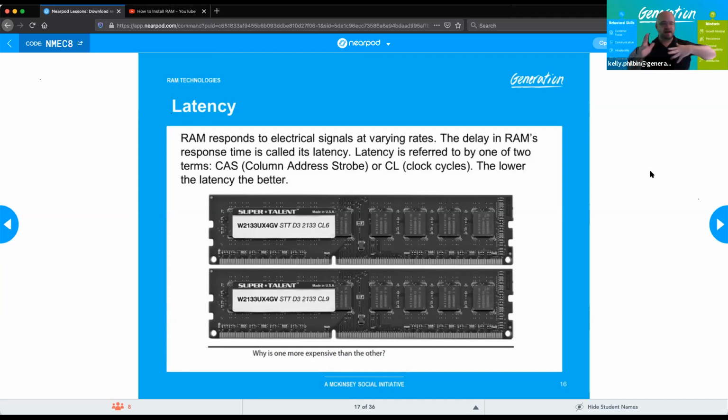So if I have a 10 gigabyte memory chip and it takes me 20 cycles to go through that entire memory chip one time, and then I have a different memory chip that's also 10 gigabytes, but it takes only 10 cycles to get through that exact same amount of memory, I'm moving through that memory at a much faster rate. So I get a much better processing speed and a much faster reaction time. So when you're dealing with latency, the lower the number, the better.